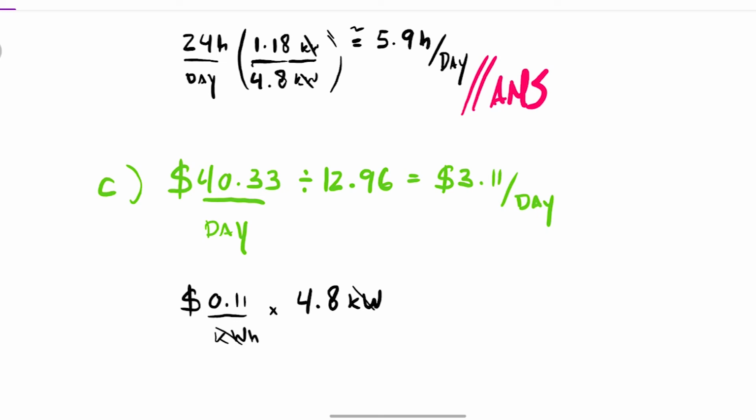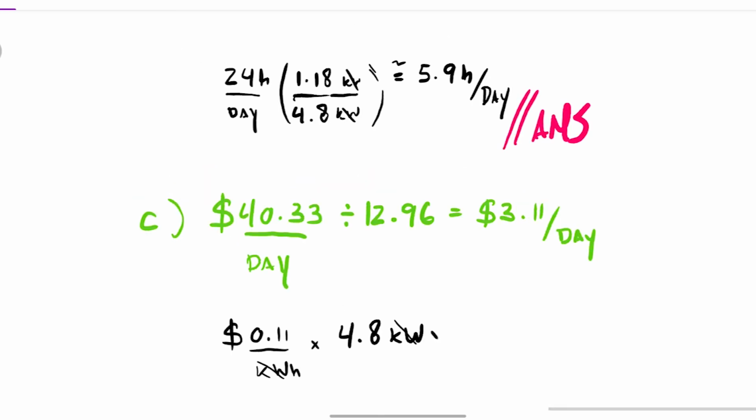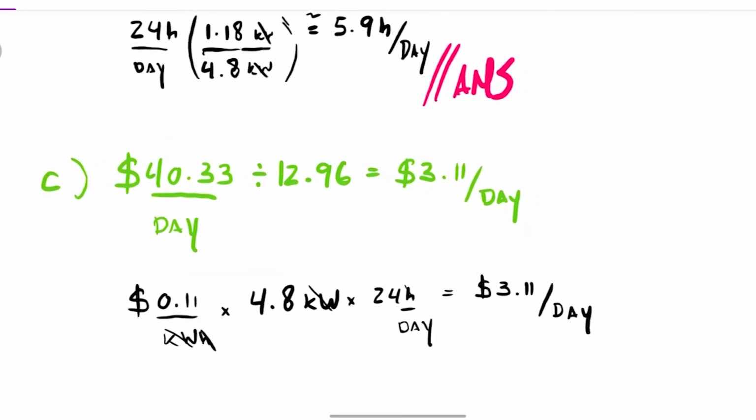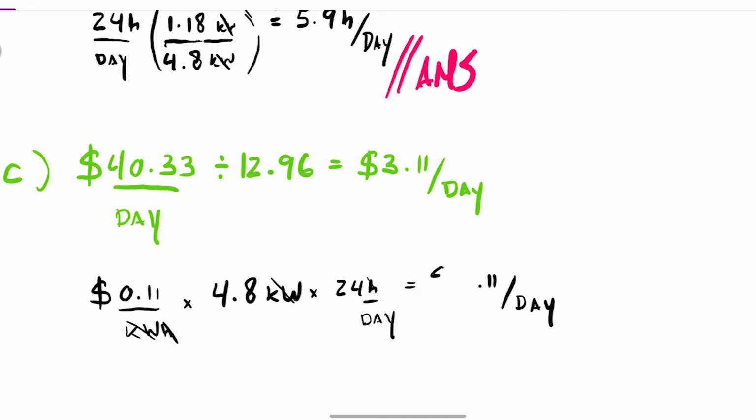And then this is how many dollars per hour, about 40 cents per hour. But I don't want to know per hour, I want to know per day. So I have 24 hours in one day, therefore hours go away. I'm going to be left with dollars per day. And this turns out to be obviously the same number, $3.11 per day.